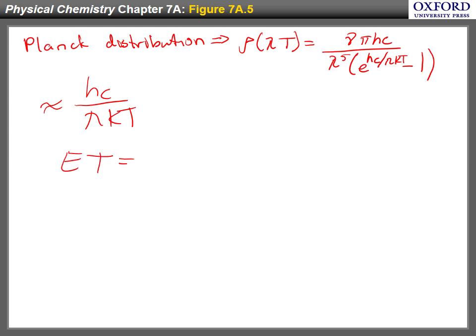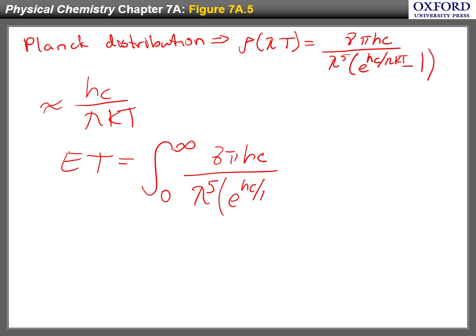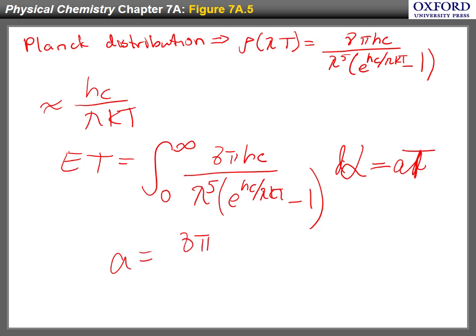then we get an integral from 0 to infinity of 8 pi hc divided by lambda to the fifth power, times e to the hc divided by lambda kT minus 1, delta lambda, which equals basically A T, with A being 8 pi to the fifth k to the fourth divided by 15 h cubed c cubed.